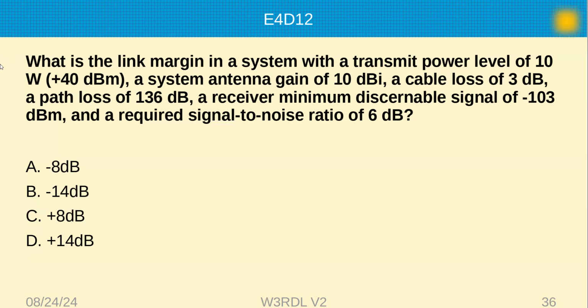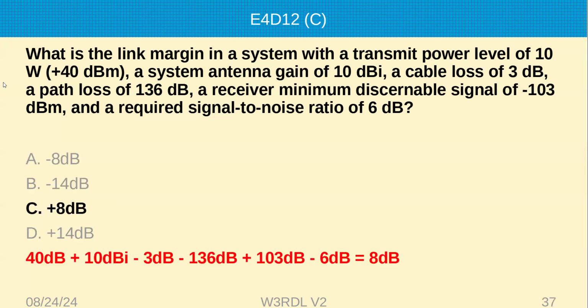So on this one, I think for both of these questions, if you take the transmit power and your antenna gain, you subtract everything else, and you're going to come out right here. You should, once you make sure the dBms and the dBs and the dBis are straight. So we had 40 and 10. And we subtract the 3, the 136 path loss.